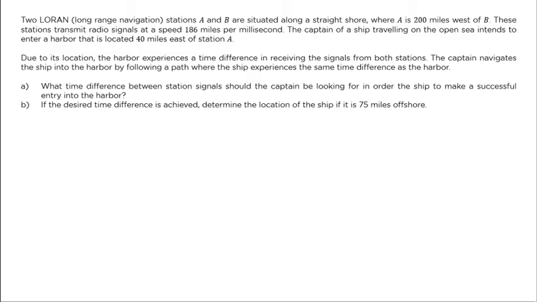Now, the captain of a ship traveling on the open sea intends to enter a harbor that is located 40 miles east of Station A. Now, due to its location, the harbor experiences a time difference in receiving the signals from both stations. The captain navigates the ship into the harbor by following a path where the ship experiences the same time difference as the harbor. Now, problem letter A.